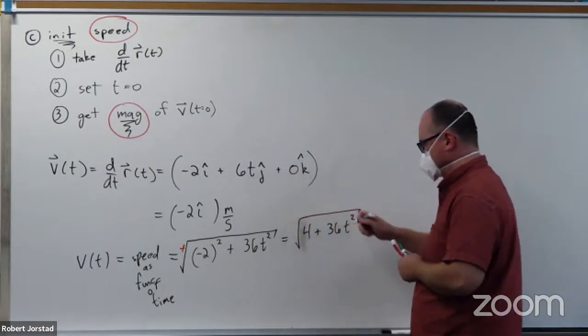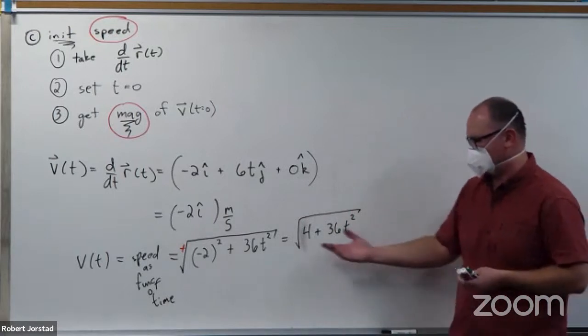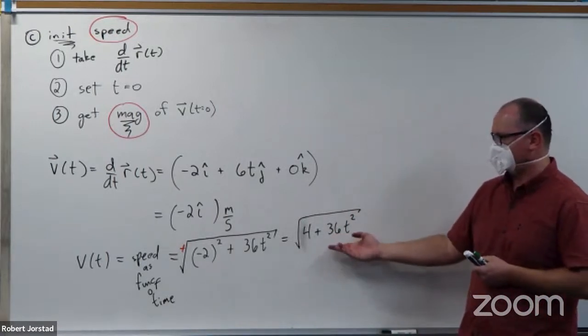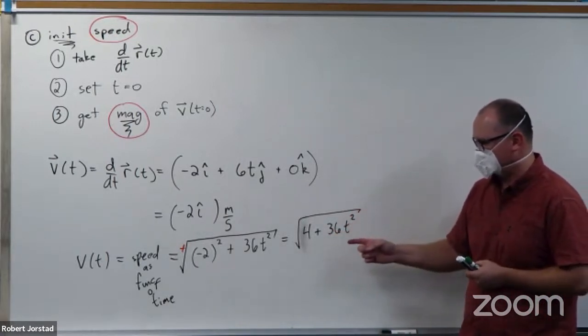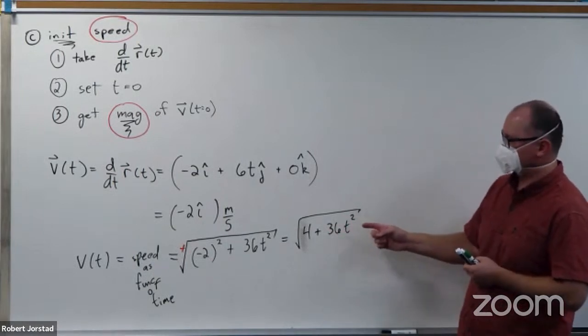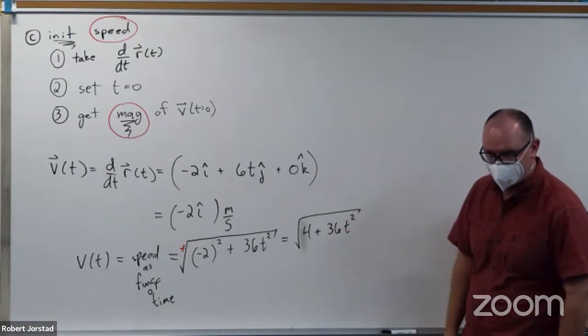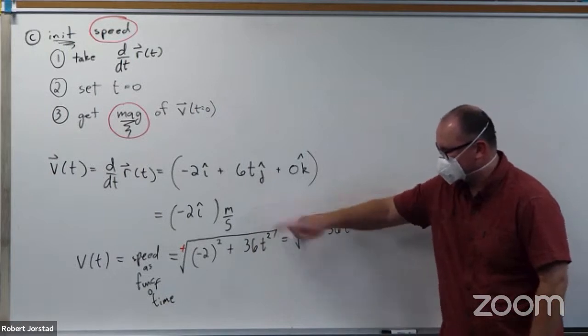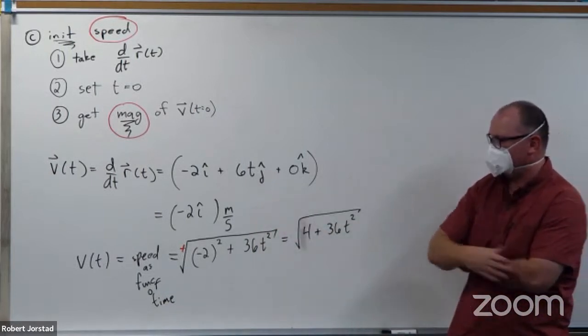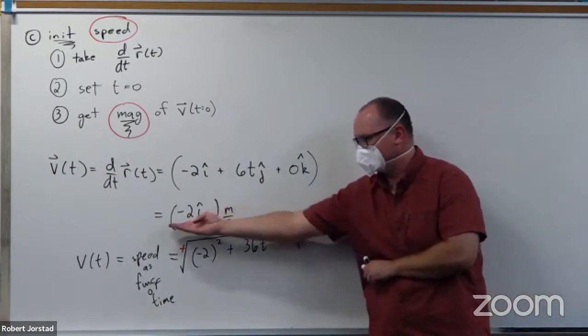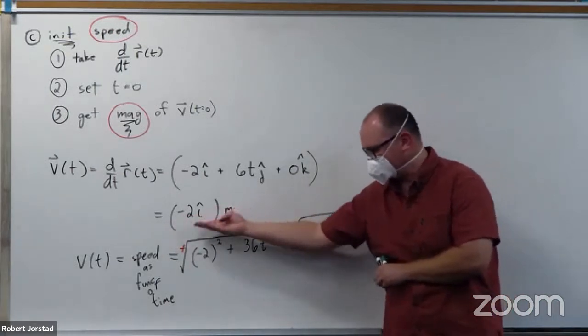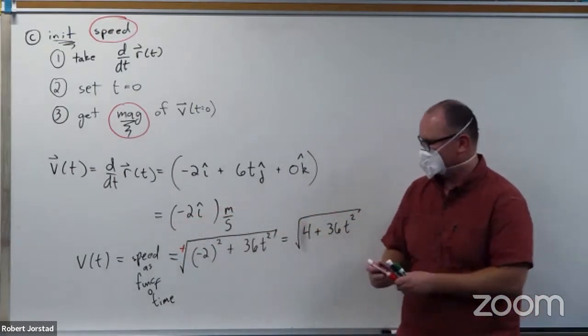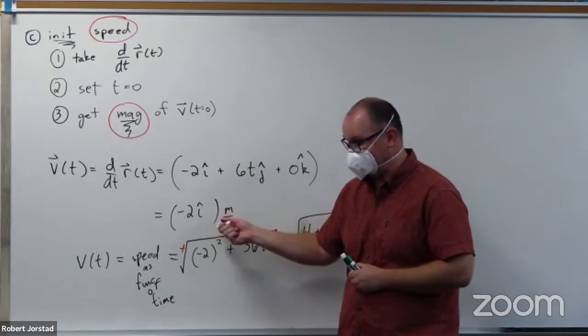So if you wanted to do it that way, somebody had said, why don't I just get the magnitude first? Yes, absolutely. And in this case, that would get you the speed. Oh, look, what did I screw up? Make it positive. What did I write right here? Is this the initial speed?